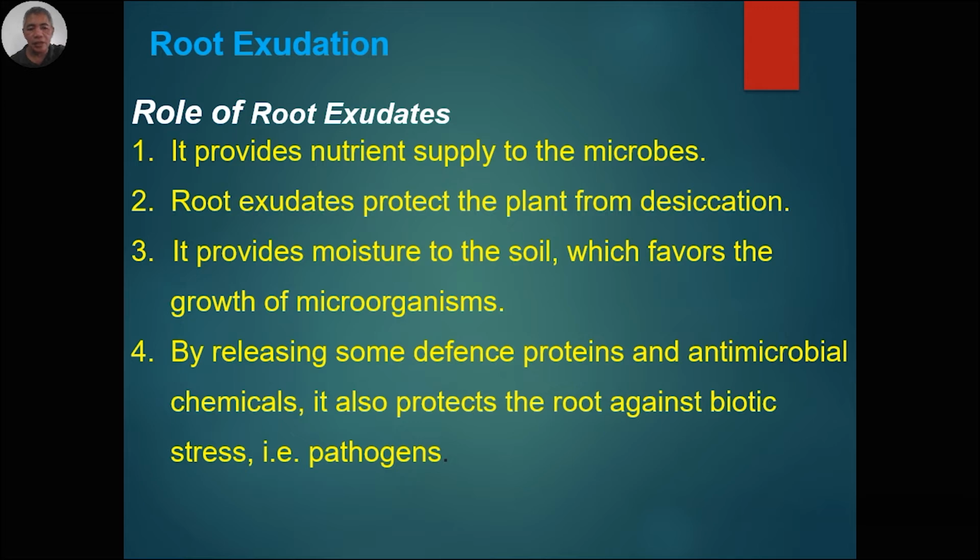The second, root exudates protect the plant from desiccation, extreme drying. Next, it provides moisture to the soil, which favors the growth of microorganisms. You know, if there will be no adequate amount of moisture in the soil, the microorganisms will not actually grow favorably.